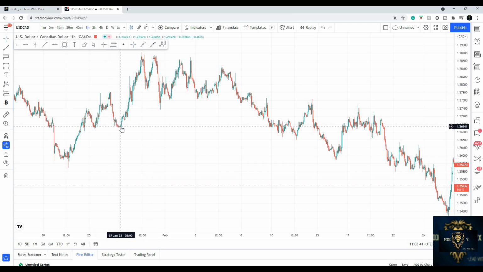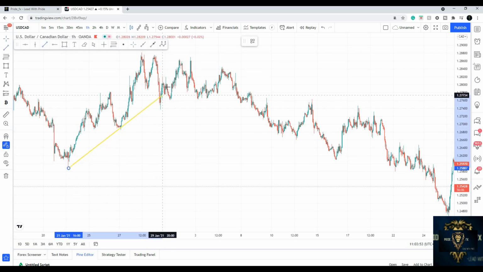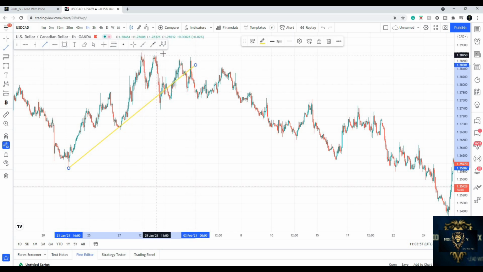We said that whenever the market shoots up, we look for those key reversal points, or if the market shoots down, we look for those key reversal points. Okay, and we can see that the market was going up, right? It was going in an uptrend over there, and then we had this reversal over here, an indication that the market is exhausted.